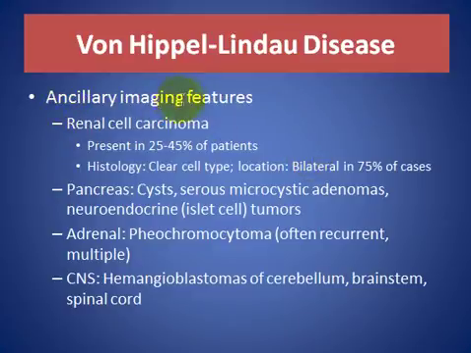An auxiliary imaging feature, renal cell carcinoma, is present in about 25 to 45% of patients. Histology is clear cell carcinoma, and it is bilateral in 75%. Pancreas can be involved, with cysts, serous microcystic adenoma, and neuroendocrine tumors.